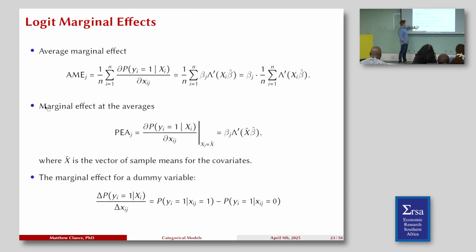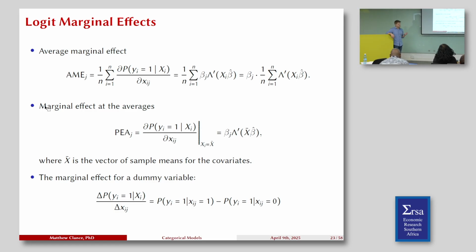Okay? And then the last thing we need to keep in mind still applies for both of these, but when it comes to discrete variables, there is no marginal effect in the sense of the first two here.